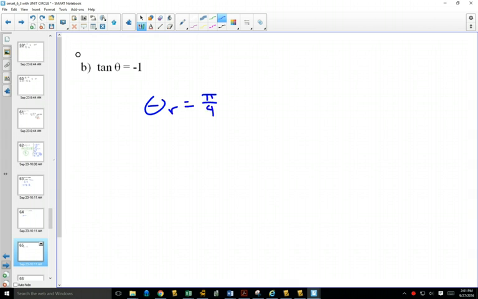But it's only going to be part of my pi over 4 family when tan is negative. So I'm looking for quadrant 2, 3 pi over 4, and quadrant 4, 7 pi over 4. Secant theta equals 2.